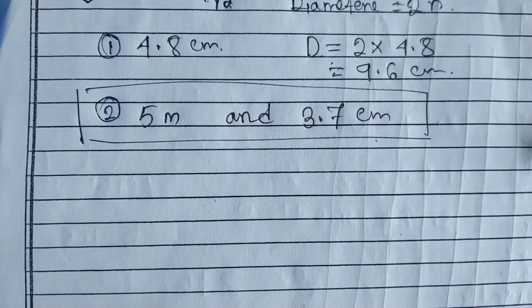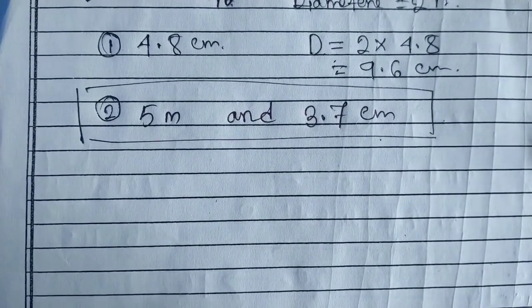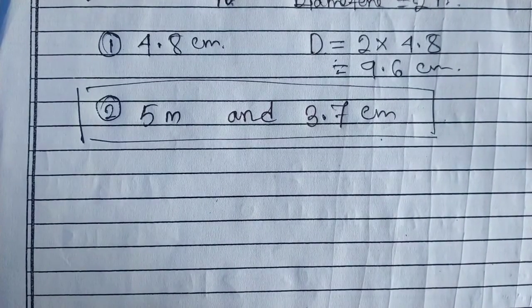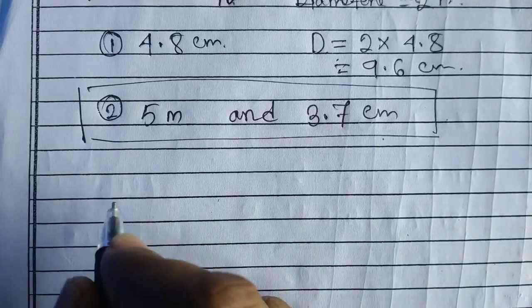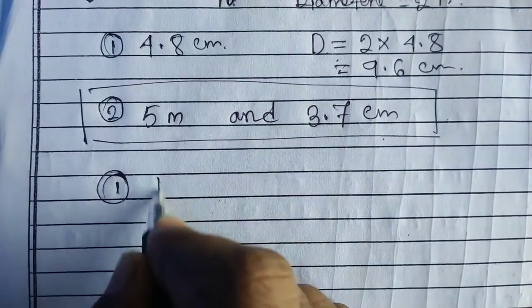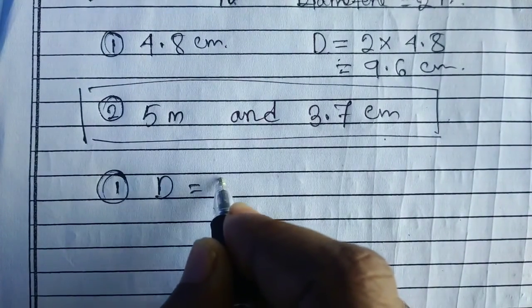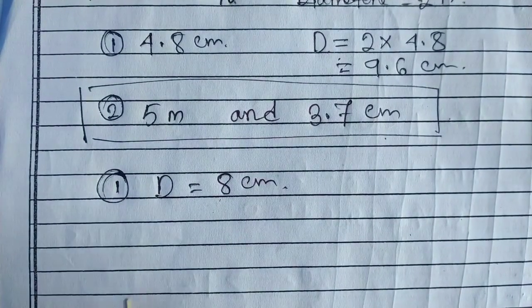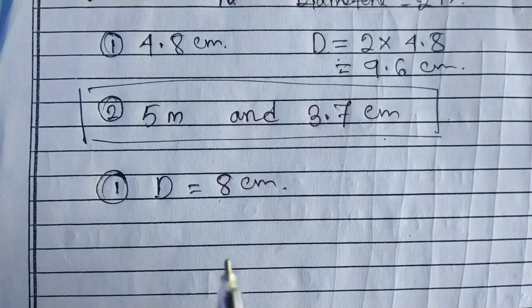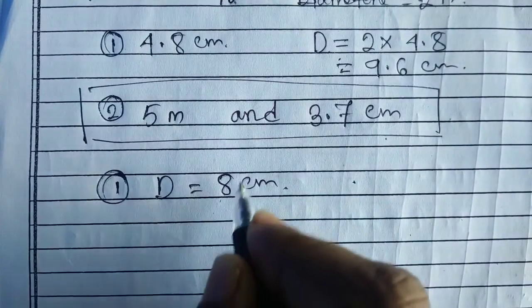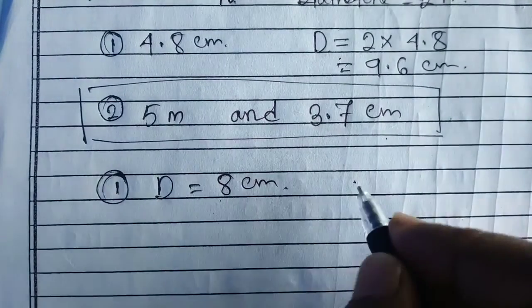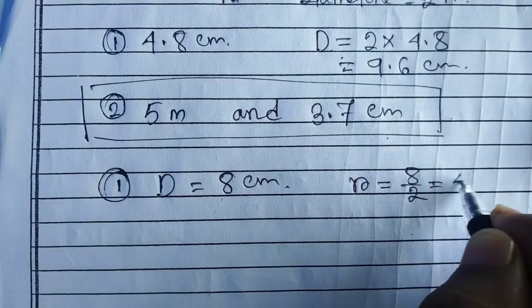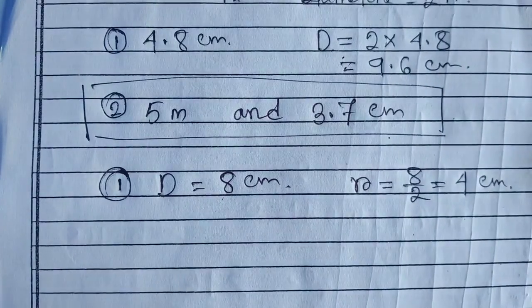Now try to find the radius of any circle if the diameter is given. So think that the diameter is given and it's 8 centimeter. Just tell me what is the radius of this circle. Just divide this diameter by 2. So we will get 8 by 2, that means 4 centimeter.